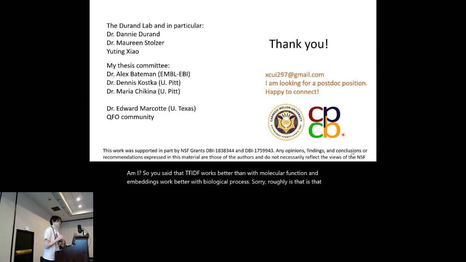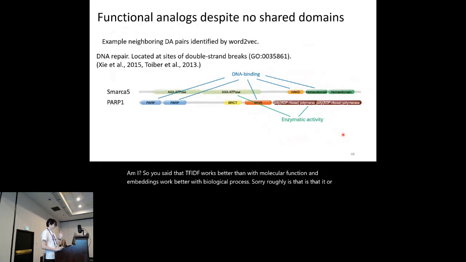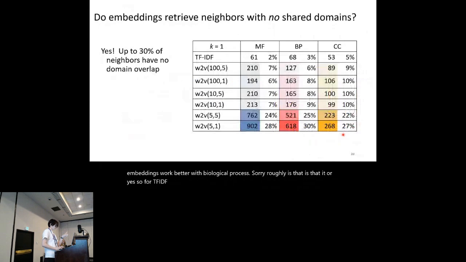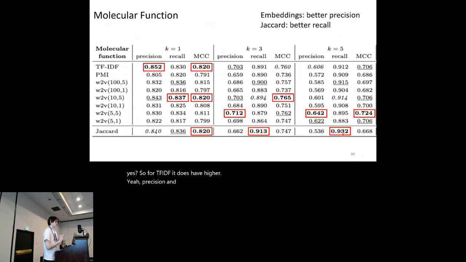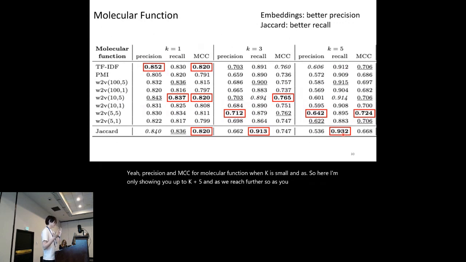Yes, so for TF-IDF, it does have higher precision and MCC for molecular function when K is small. Here I'm only showing you up to K equals 5, and as we reach further, as you increase K to say 10, the performance of TF-IDF drops significantly faster than other embeddings. I think TF-IDF explicitly models shared domain content, and that's in some sense similar to Jaccard, what they capture.